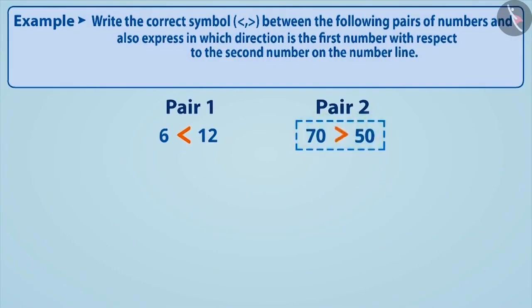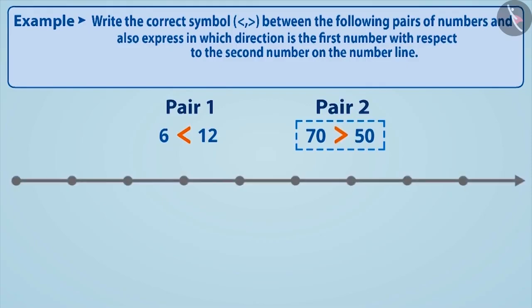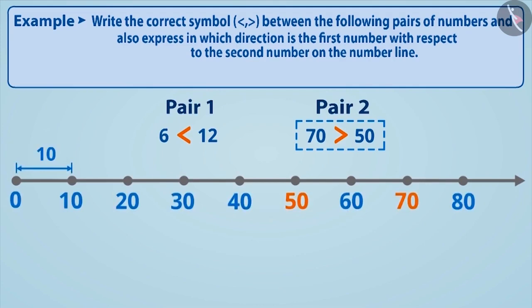Number 70 is larger than 50. To express these on the number line, we have to keep a reasonable distance between points. Here, we will keep distance of 10 units between the digits. Therefore, numbers 70 and 50 can now be expressed on the number line.